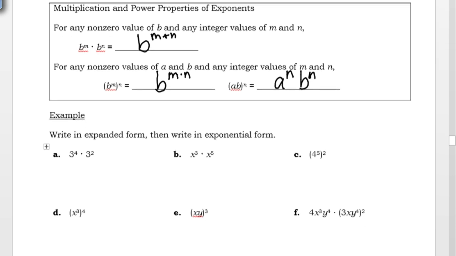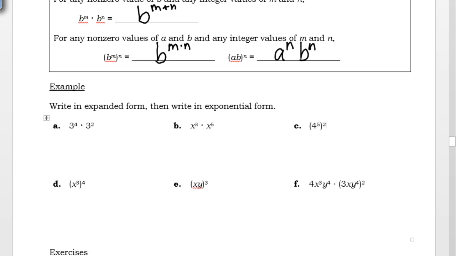For my examples, I am going to write these both in expanded form and then in exponential form. The first example, 3 to the 4th times 3 to the 2nd. Expanded, 3 to the 4th means 3 times 3 times 3 times 3, and 3 to the 2nd means 3 times 3.